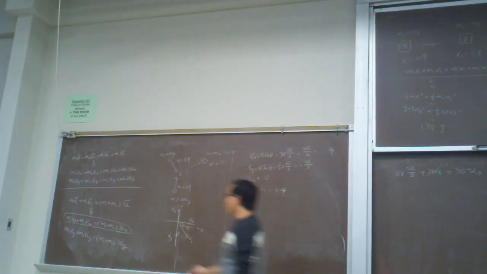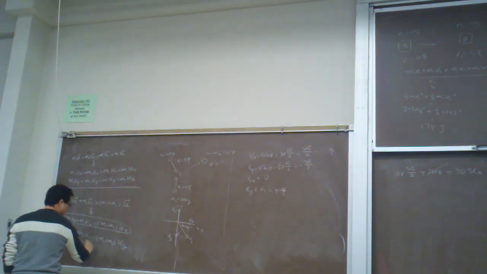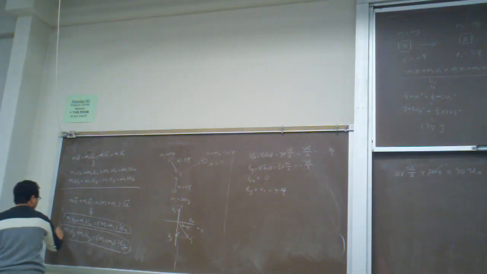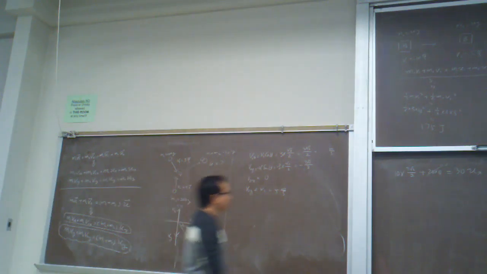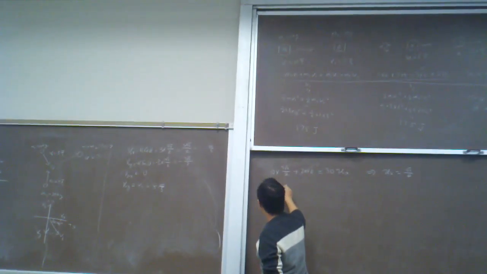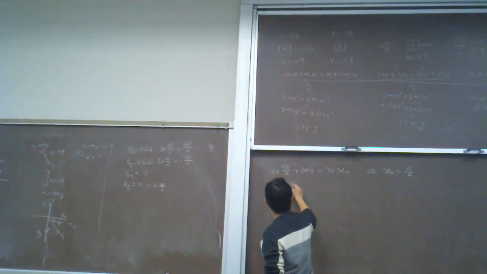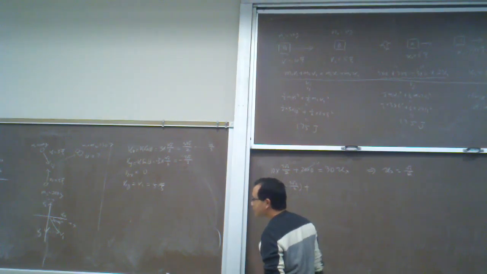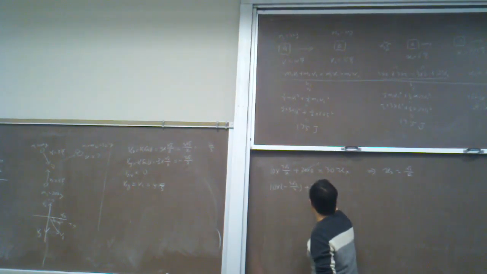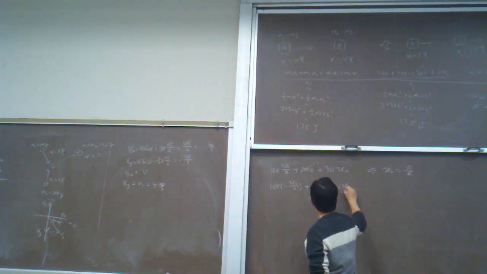And this equation will enable you to calculate uy. So if you put all the numbers, 10 times negative this plus 20 times 5 equals 30 uy.